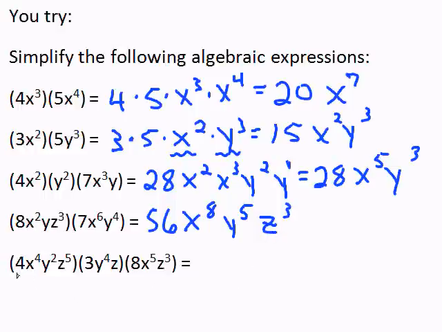And that leaves us with the last one. 4 times 3 times 8. I'm actually going to write that one out. x fourth, see if I've got any other x's. I do, x to the 5th. So it's x fourth, x fifth. y squared, y fourth. z fifth, z first, z third.